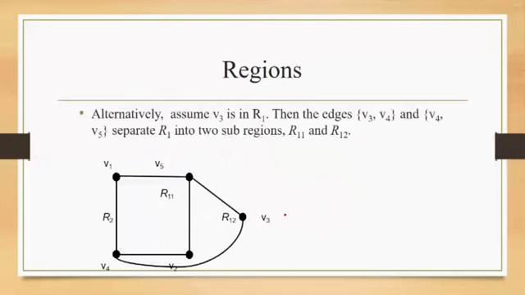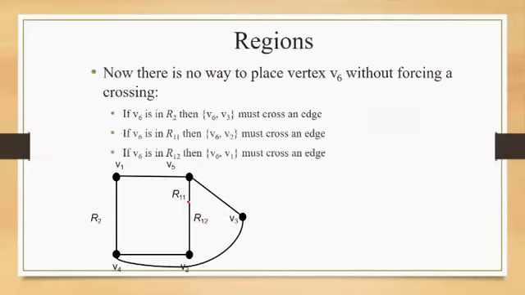Now proceeding. Alternatively, assume V3 in R1. So instead of placing V3 outside, we are trying to place V3 inside, and checking whether we can place it in such a way that we can create a planar representation.